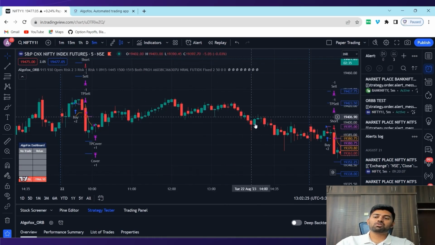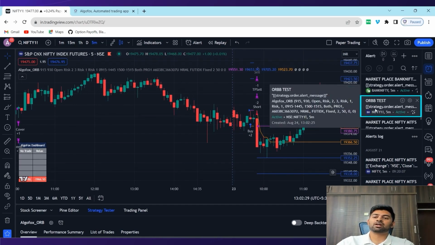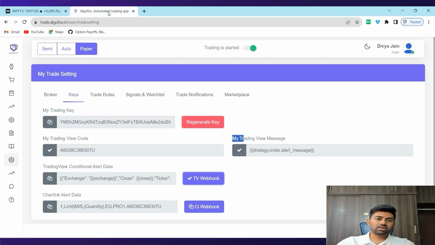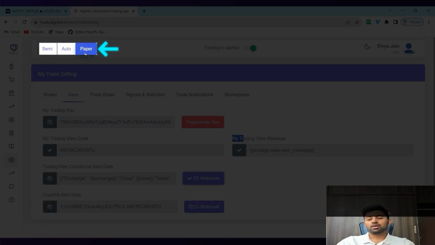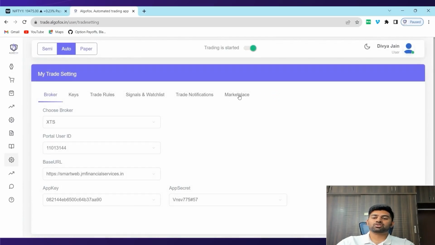Whenever TradingView would generate any type of signal, you will see this ORB test would generate a trigger which will travel to AlgoFox, and in AlgoFox right now, since I am on the paper mode, it will be executed virtually. If I shift to auto mode and connect my broker, the order will be executed automatically.